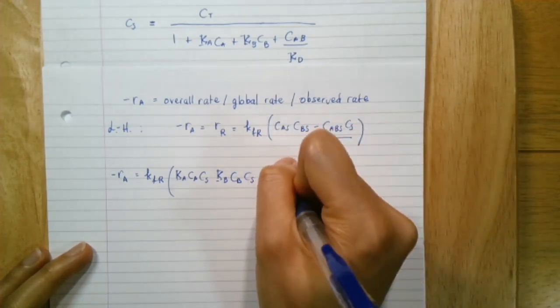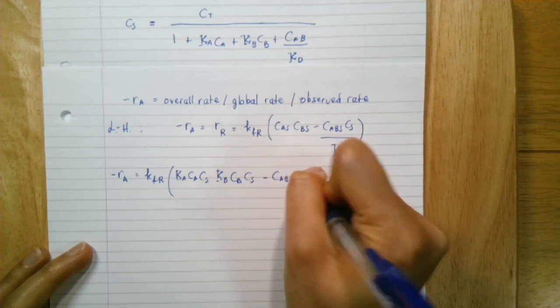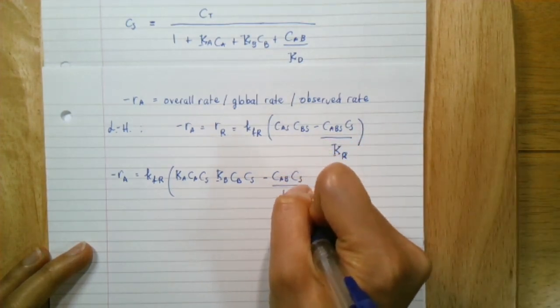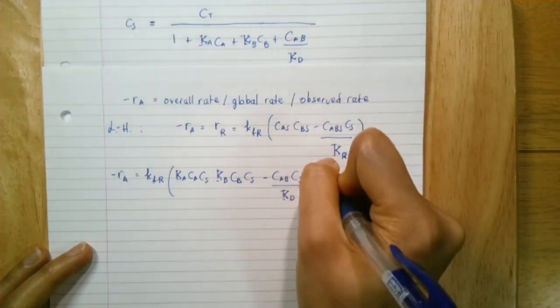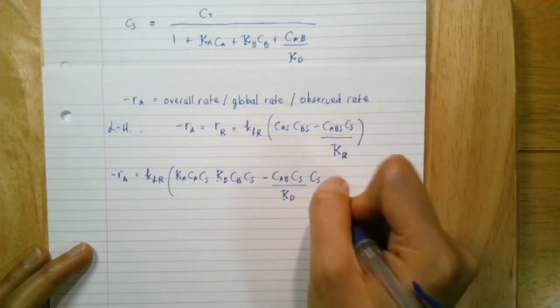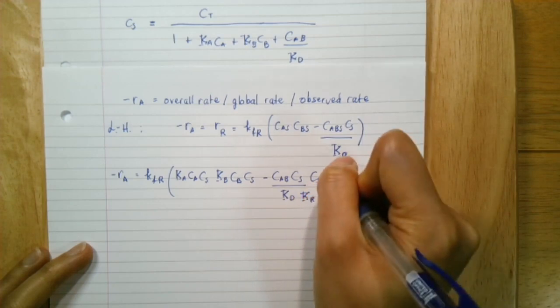CABS is CAB CS all over KD. Okay, and we have some more terms here, which I will bring down. Okay, so CS over KR.